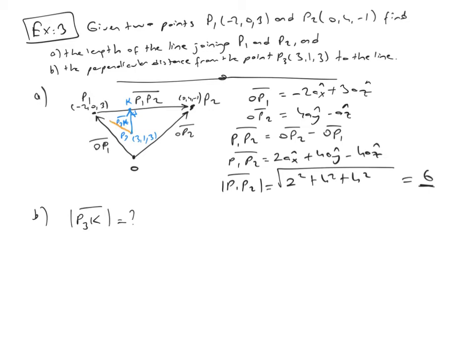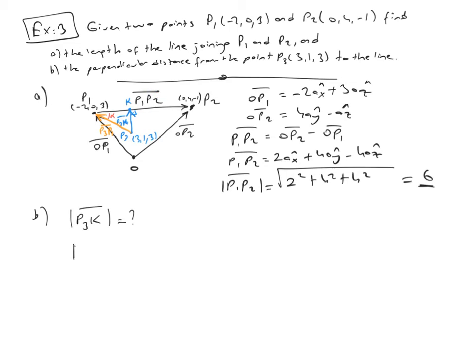Let's say this is vector P3P1, and this is the angle between the vectors P3P1 and P1P2.